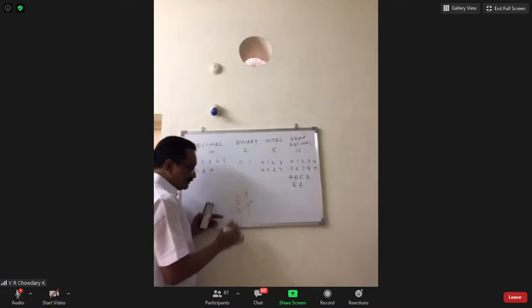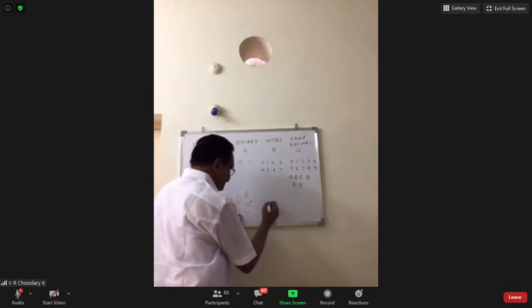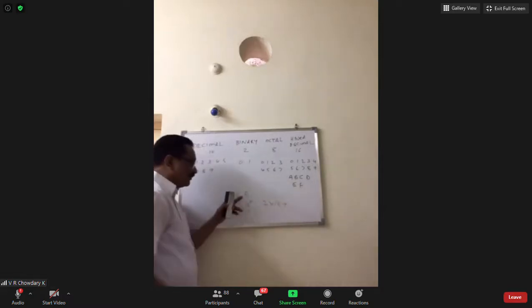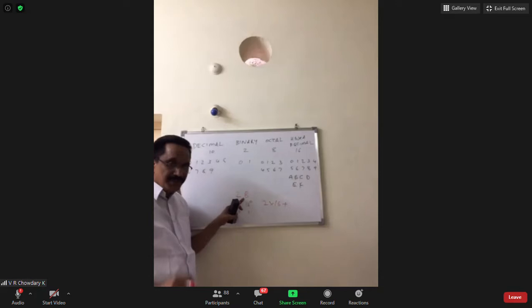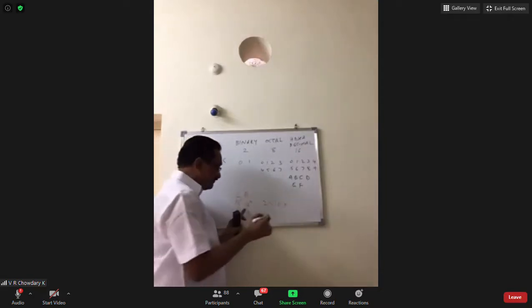For that, we have to multiply 2 with 16, plus for the hexadecimal digit B, what is its decimal equivalent? Its decimal equivalent is 11. So 11 multiplied by 1.